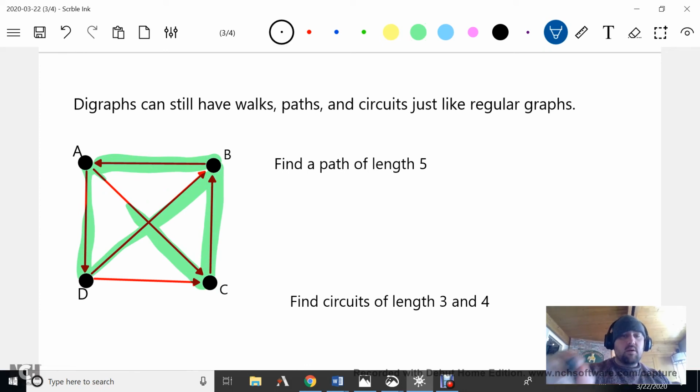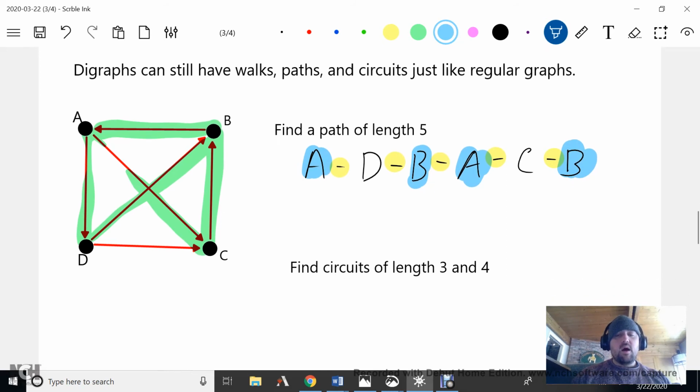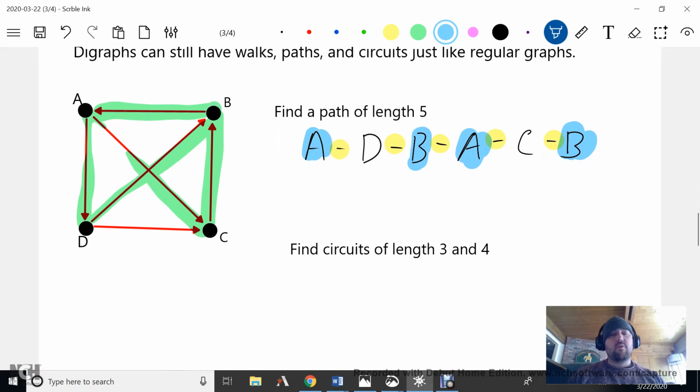So our path of length 5 would be A to D to B to A to C to B. Remember, 5 is counting the edges in between. And remember also, it's okay that we repeated B and A because we didn't repeat the edge, we just repeated the vertex.